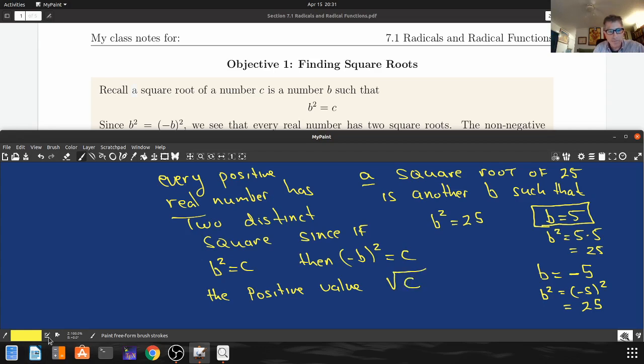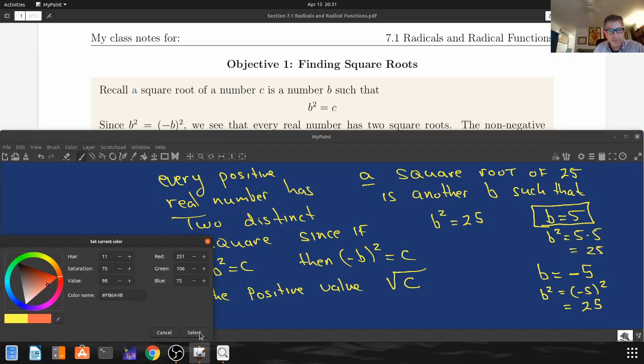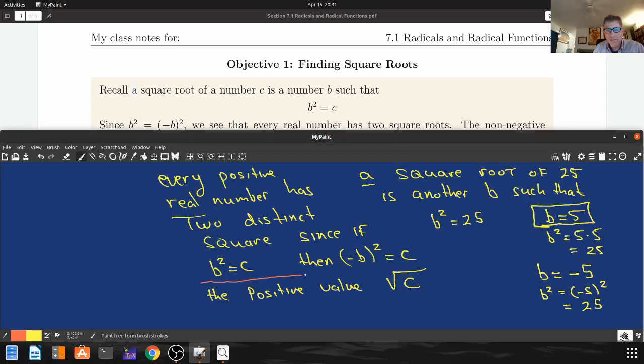So let's stop right here. I may be going a little bit fast. What I'm saying right here is, by the definition of a square root, if b squared is equal to c, then b is a square root of c. Since minus b squared is equal to c, then minus b is a square root of c. So either b or minus b is positive.